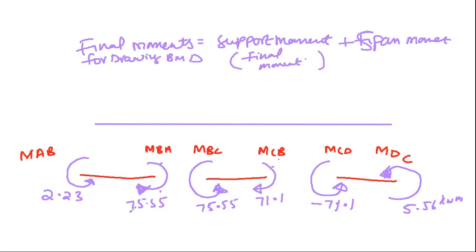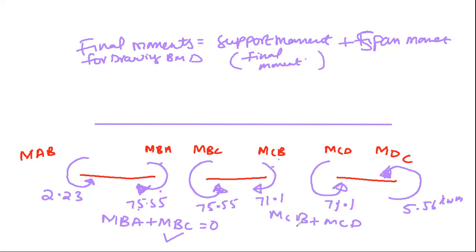Now let's see what our equilibrium equation is. Our equilibrium equation is MBA plus MBC equal to 0. Now you see this is clockwise and this is anti-clockwise. Plus 75 minus 75 is 0. Hence our structure is stable. Now again, MCB plus MCD. You should not write the minus over here because I have shown the anti-clockwise direction.